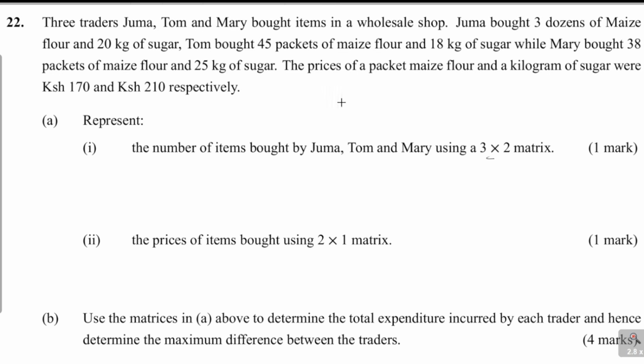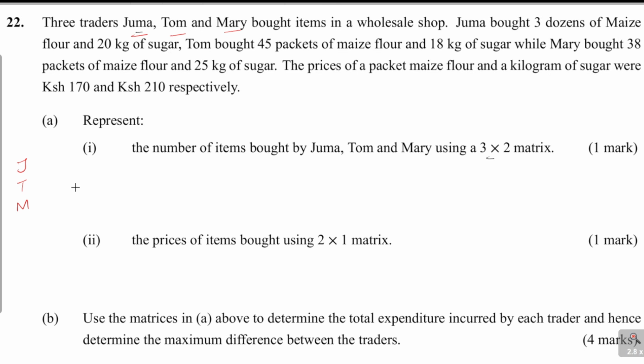When you look at the first statement, you have 3 people: Juma, Tom, and Mary. So we can have the 3 rows, one to represent Juma, the other one to represent Tom, and the other one to represent Mary. That is how we have the 3 rows. And these are the figures that you're going to key in.